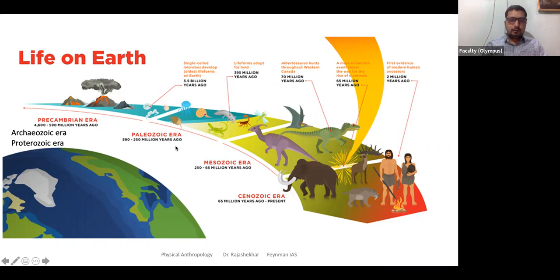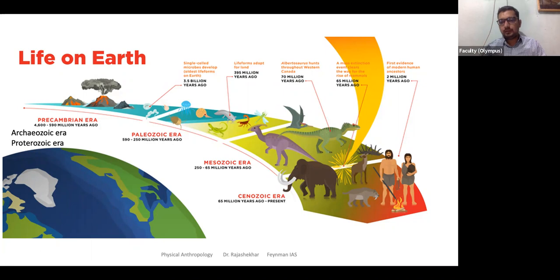So what happened here? Different life forms, a bit more complex and more advanced, appeared in the Paleozoic era. Life continued to happen, and new varieties of life started to explode. We started seeing different types of creatures in the Paleozoic era. Paleo normally refers to old.